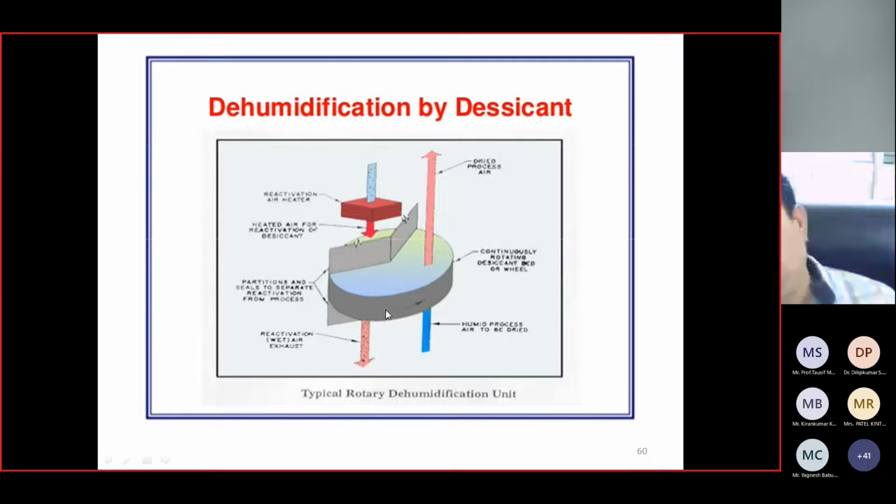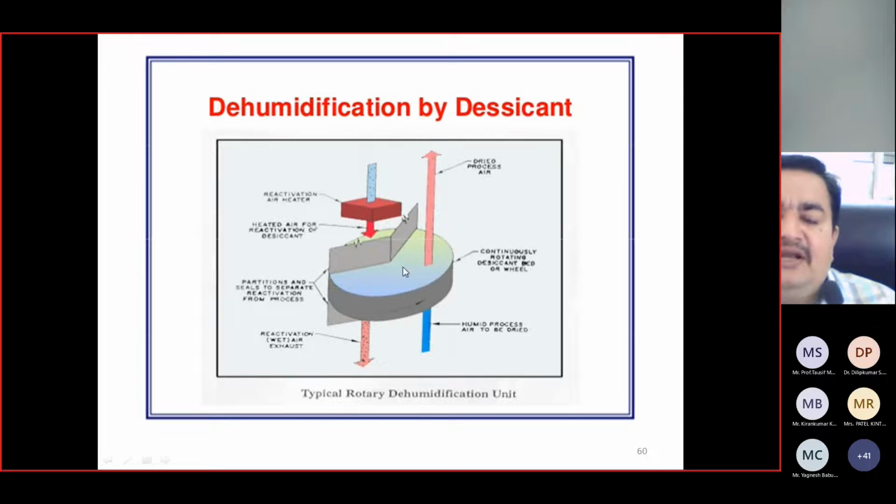Sensing instruments will switch the operation on and off according to the requirement, whether dehumidification is required or not, as it is connected with an electric motor and some controls for its operation.